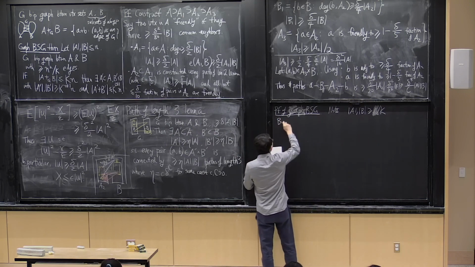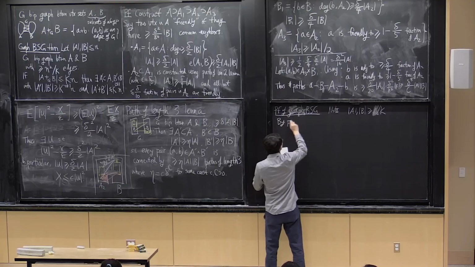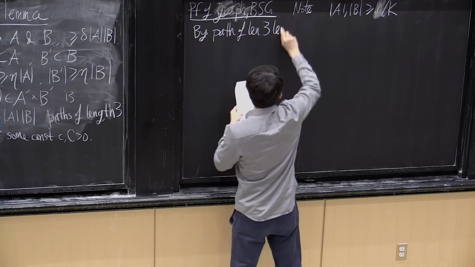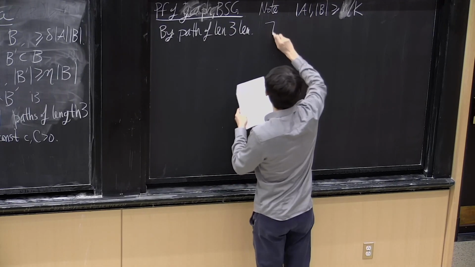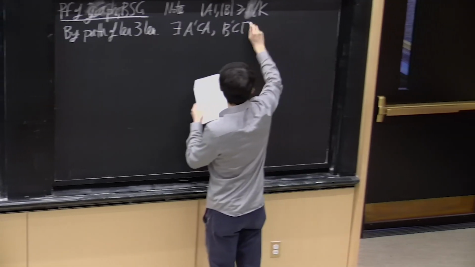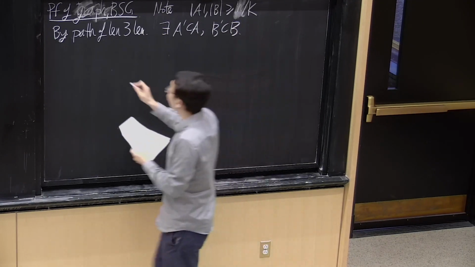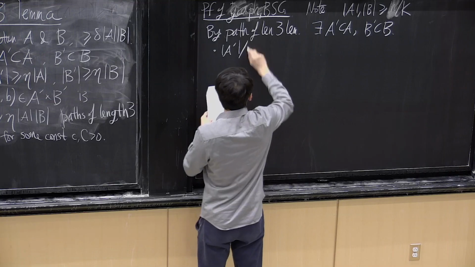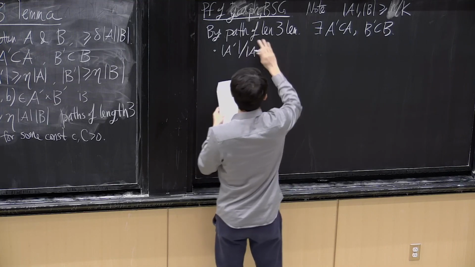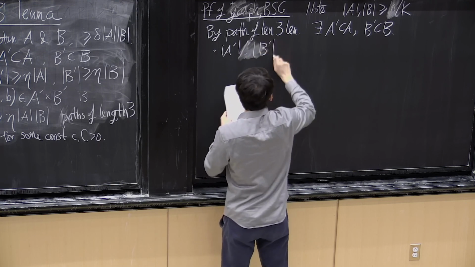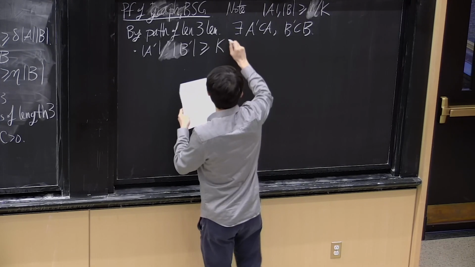So by the path of length 3 lemma, there exists A prime in A and B prime in B with the following properties. A prime and B prime are both large in size.